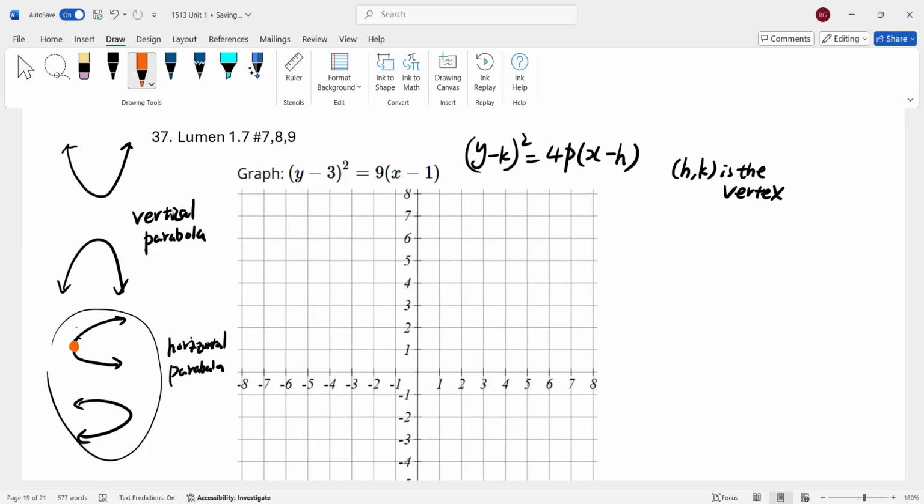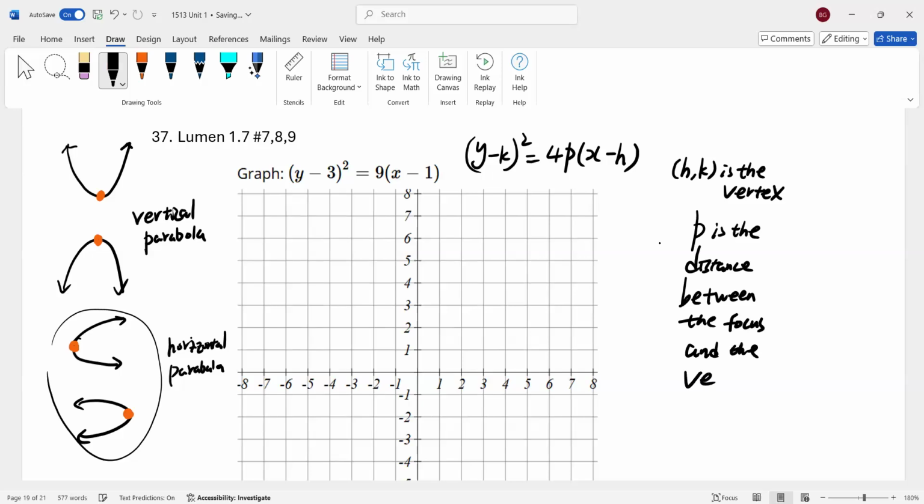The vertex is this point. And p here is the distance between the focus and the vertex of the parabola.